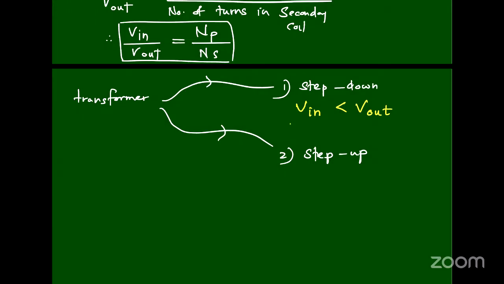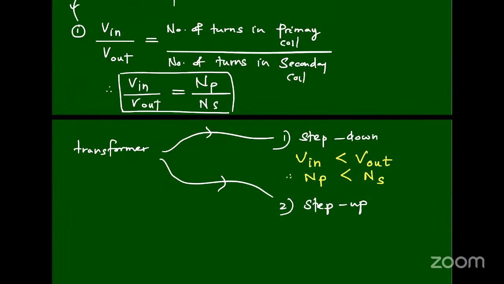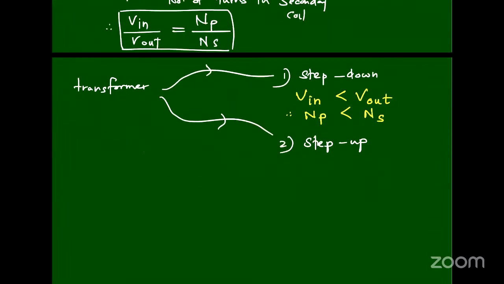So in order to get that, the number of turns in the secondary coil must be higher than the number of turns in the primary coil, right? So in order to get a higher V out value, you need to have more turns there, right? Oh, wait, the other way around, okay? I made a mistake here.